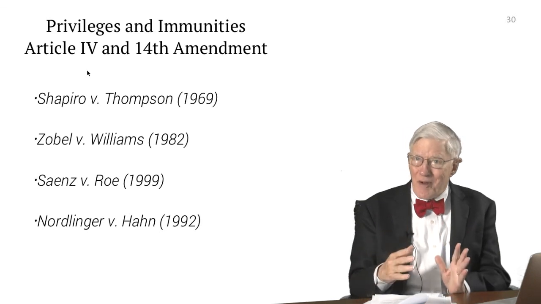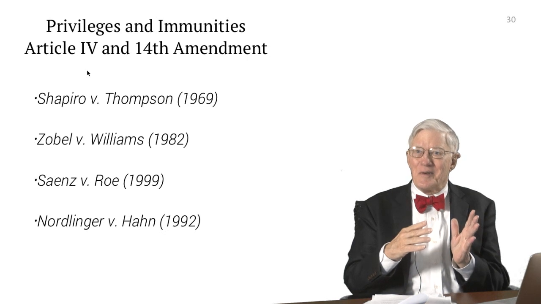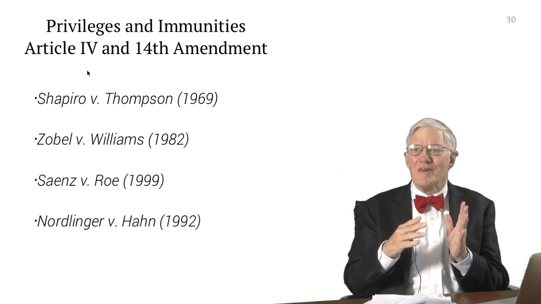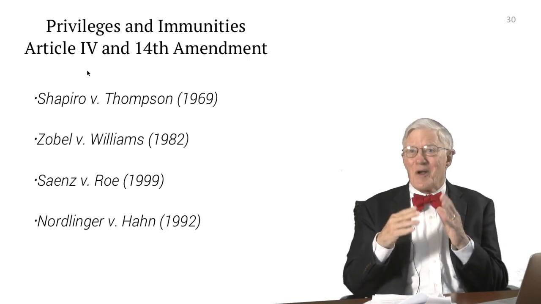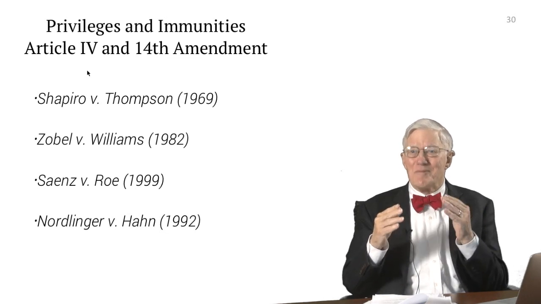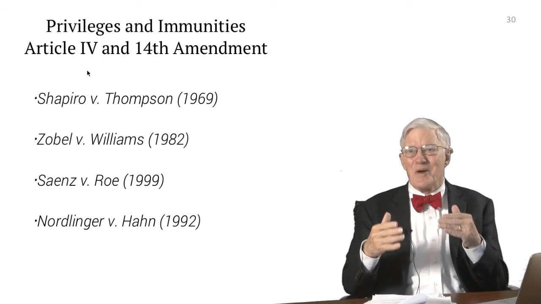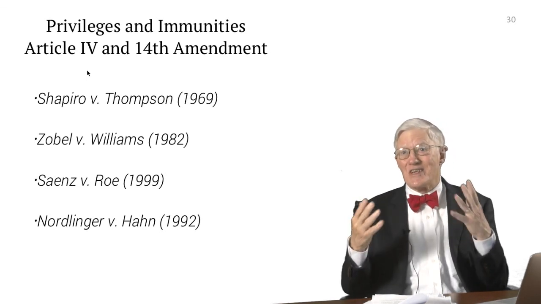But the distribution plan called for greater distribution to those people who lived in Alaska for a longer period of time. And so someone who had just moved to Alaska did not get the same benefits as someone who lived in Alaska for, say, 5 or 10 years.